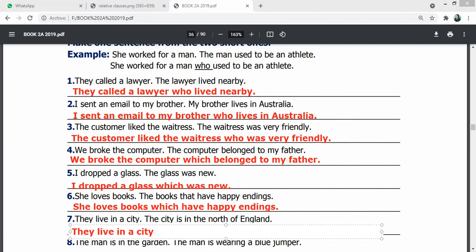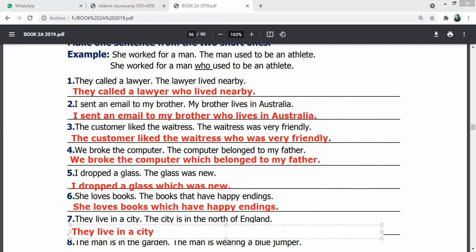They live in a city where is in the north of England? I cannot say where. ¿Dónde está en el norte de England? Okay, tell me.